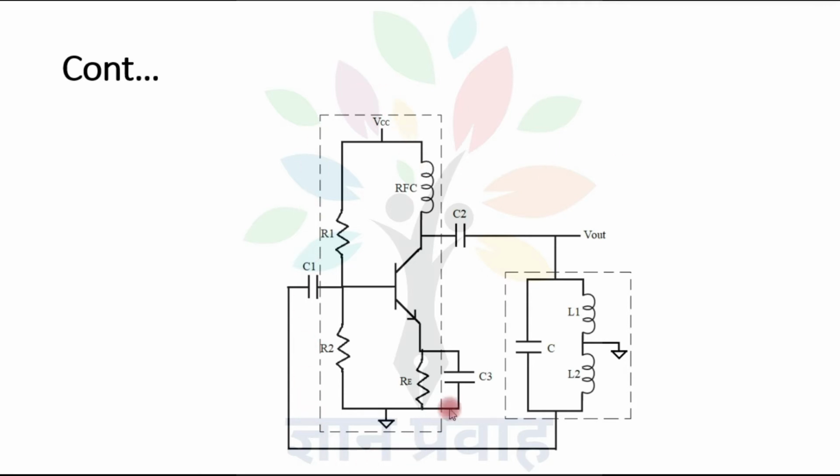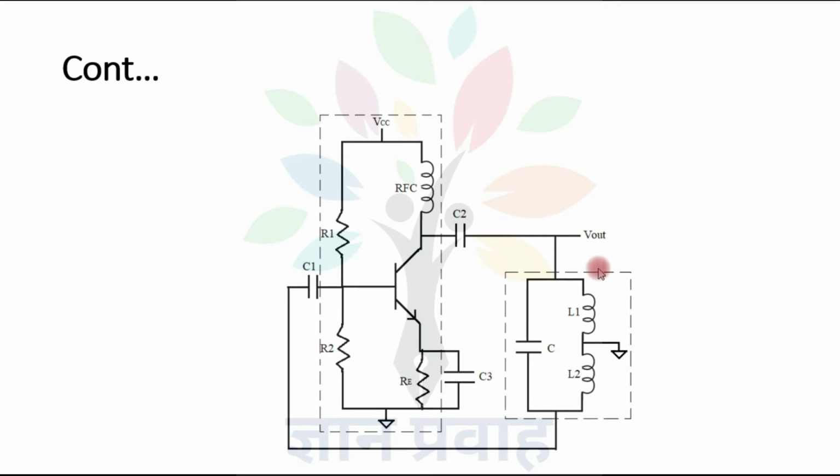One amplifier circuit is provided here, and this amplifier circuit is a voltage divider biased circuit. In the dotted box you can see the voltage divider configuration, and the second circuit is the feedback circuit or tank circuit.